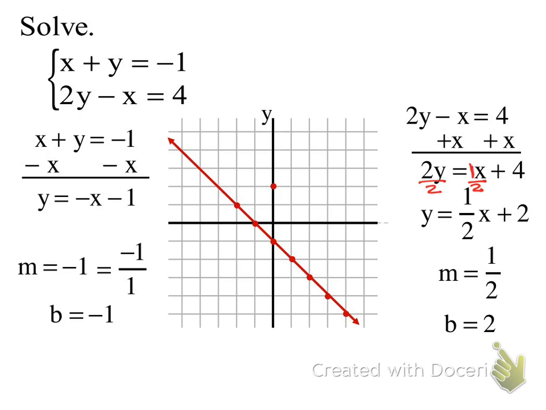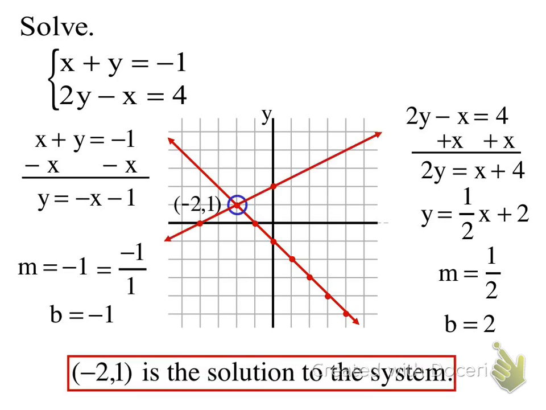So it's really a 1/2. So now I'm starting at 2, I'm going to rise 1, run 2. Or I can go -1, -2. You got that? So now the solution that we got, one more time, Noah, is what? -2, 1 is the solution to the system.